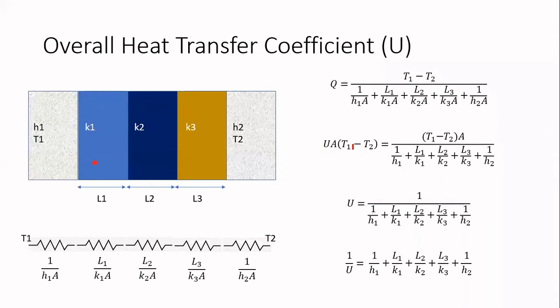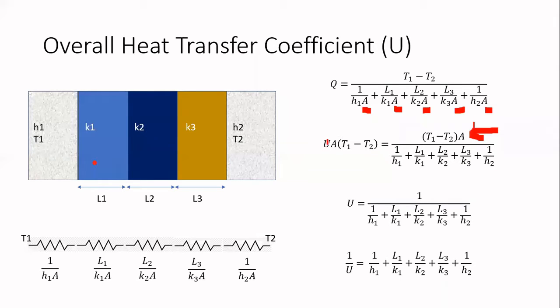So here we equate both the terms: UA delta T is equal to the rate of heat transfer. In the rate of heat transfer, we are getting the area terms. This area term is common for all, so we have taken that common and put it on the numerator side.